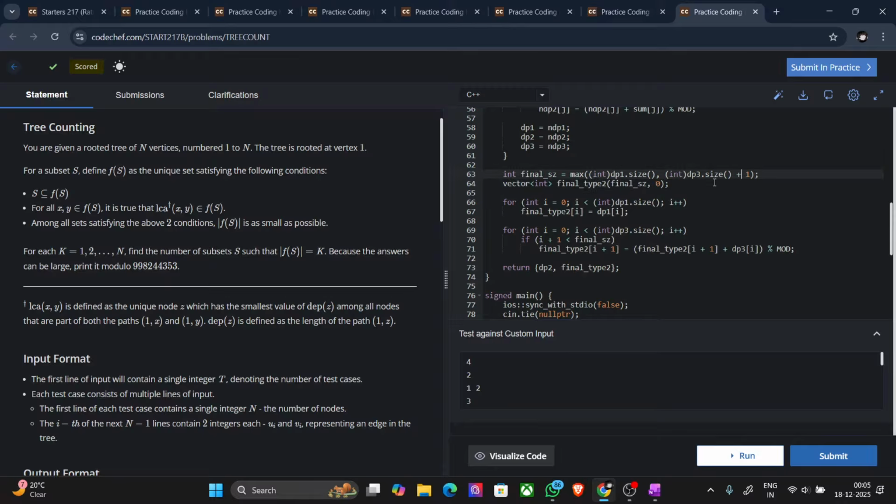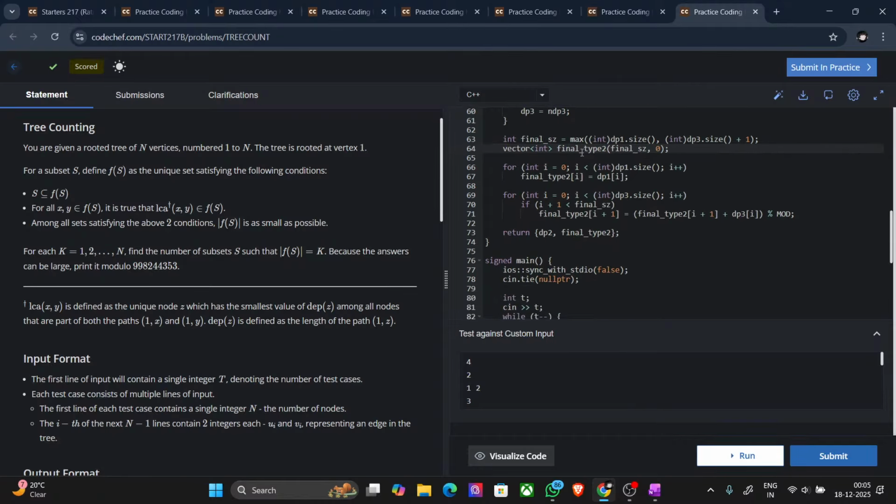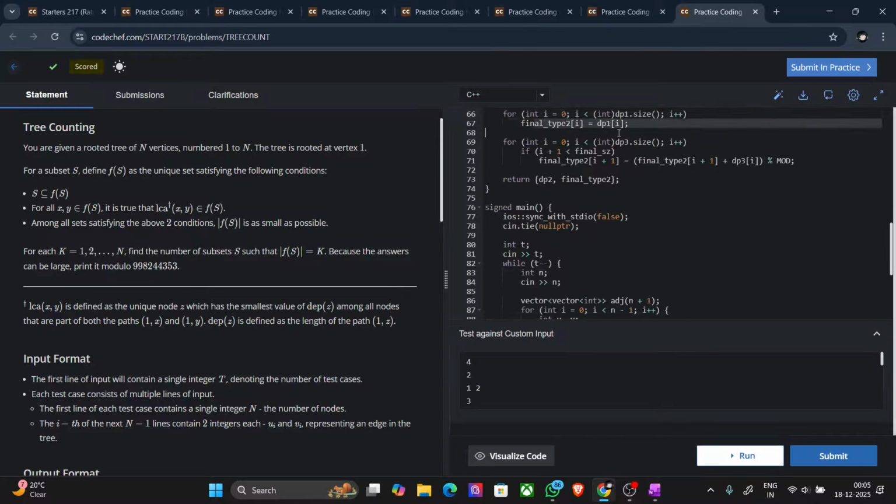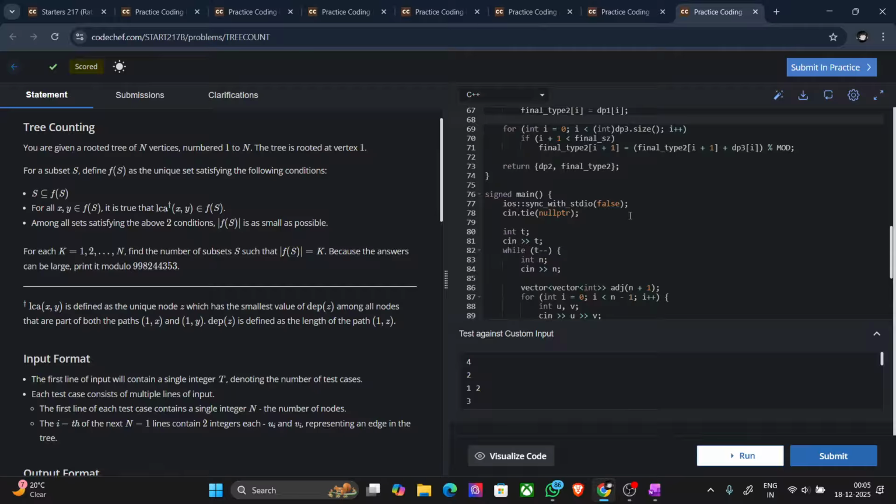One is just for the current u which is present, and the final type 2 is what I've done for scenario 2. For scenario 2, the final size of the final array will look like this when you iterate over the dp1. Then the final type will be just for the dp1, or I can say the final will be the same as the u when u is present in the array.